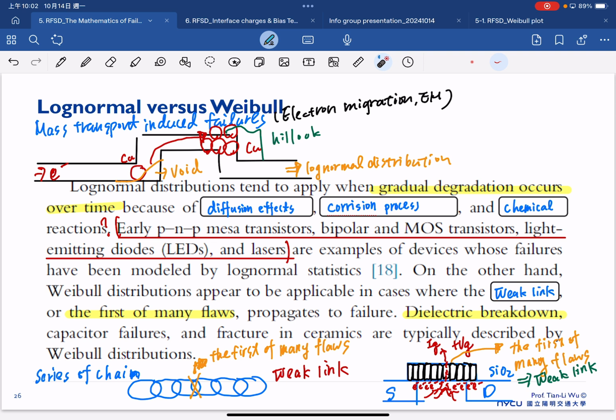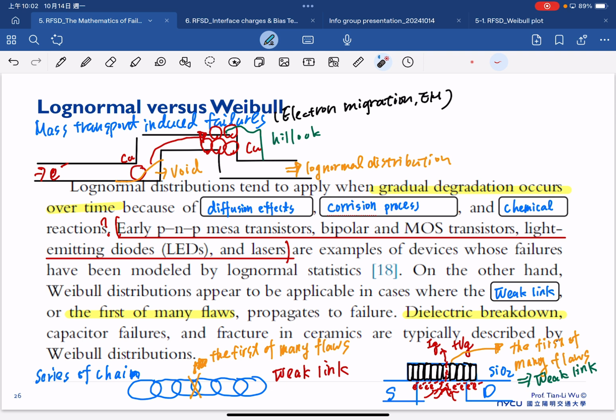But the good thing is that if we understand, we can make sure that our analysis is right in the case where the mechanism exactly fits. Because sometimes, under certain considerations, we might misuse the Weibull distribution in a case that doesn't have the weak link process, and that will cause a huge issue related to lifetime extrapolation or the value analysis.